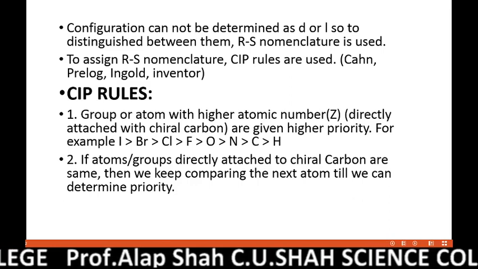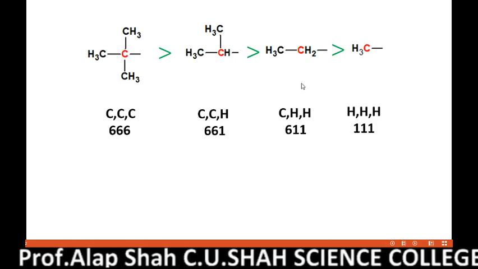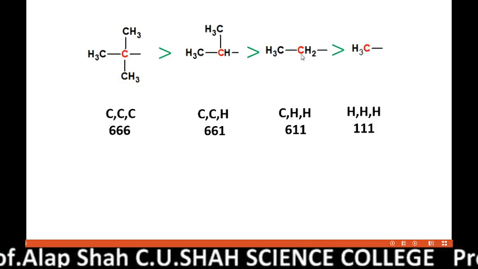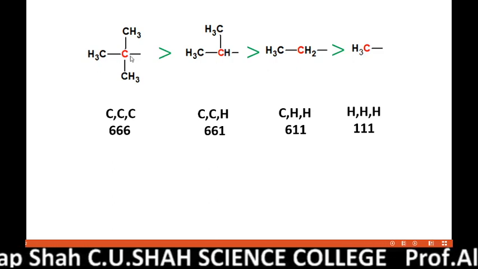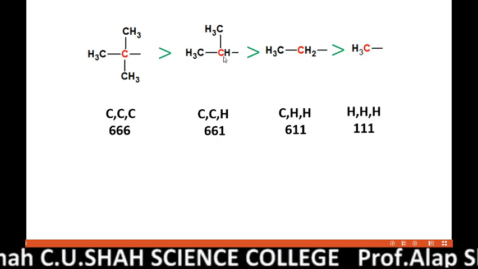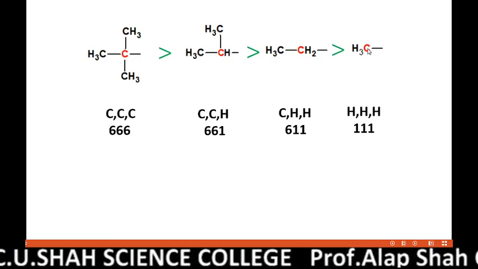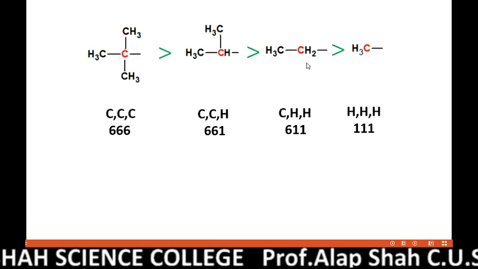Let me give you an example. Suppose in one compound, four groups are attached to the asymmetric carbon: methyl, ethyl, isopropyl and tertiary butyl. You can see that one carbon is shown in red color. Assume that this red carbon is attached to the asymmetric carbon.